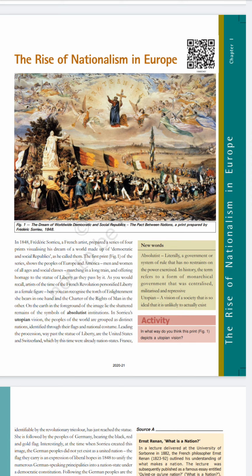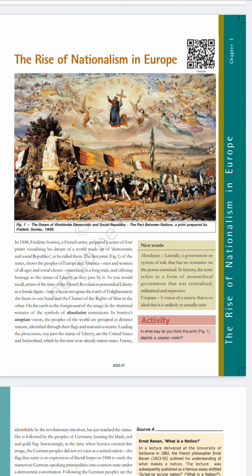They have been used by the artist to symbolize the fraternity among the nations of the world. Why did he use this scene from the heaven? To symbolize the fraternity, the brotherhood, of the nations of the world.